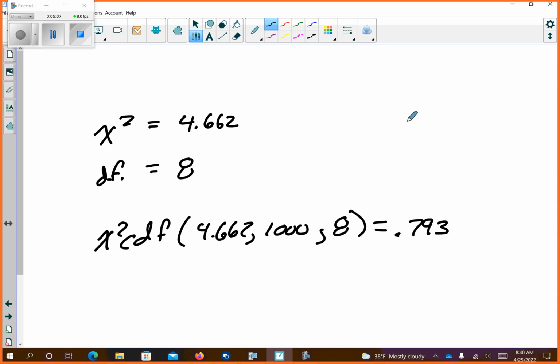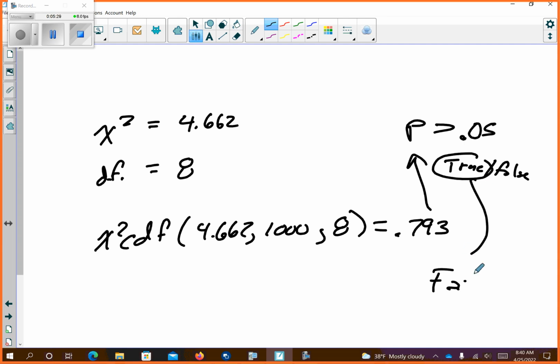And I don't believe they gave us an alpha value. So is P greater than 0.05? If I plug that in, does that make that true or false? Yeah, so we are going to fail to reject the null.